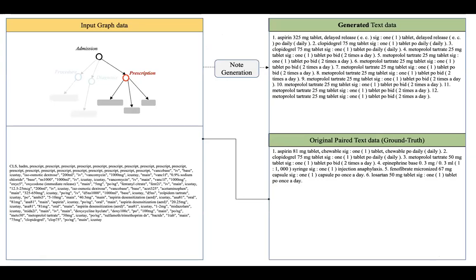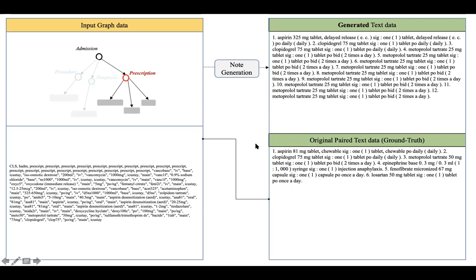Here, what's happening is that you put this subgraph of the entire admission graph as the input, and try to see if the model can generate a proper discharge summary, especially regarding the medication section. In the discharge summary, there was a subsection called discharge medication. So we want to see if the model can actually generate a legitimate-looking discharge summary based on this input.